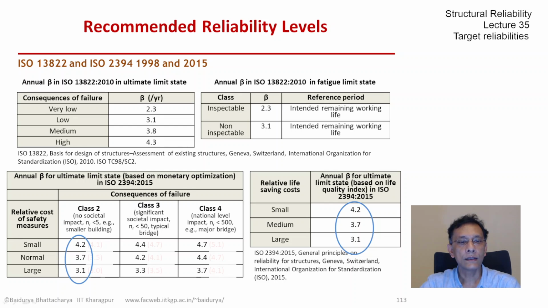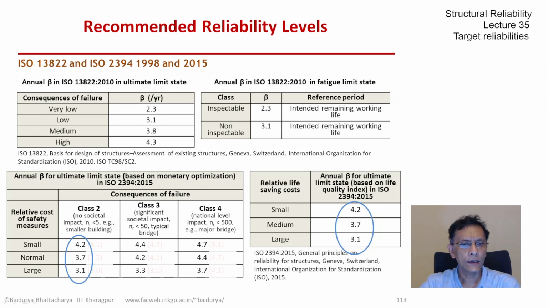So there we clearly see that it matches the beta values given from the life-saving cost considerations. So presumably this class 2 corresponds to the consequence of an individual's life.